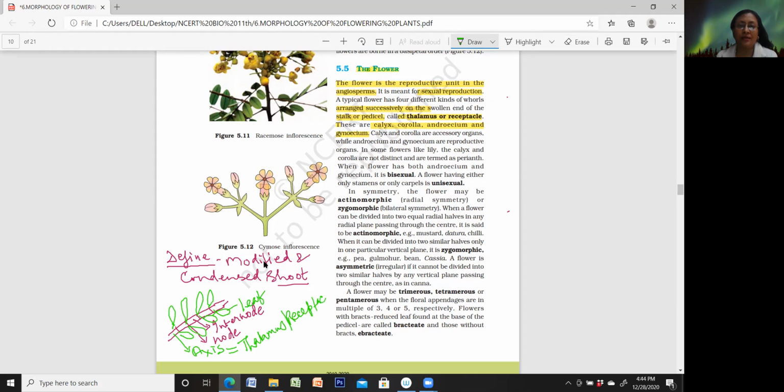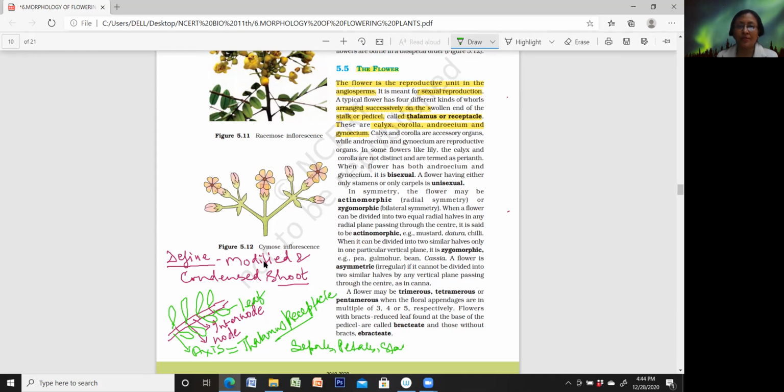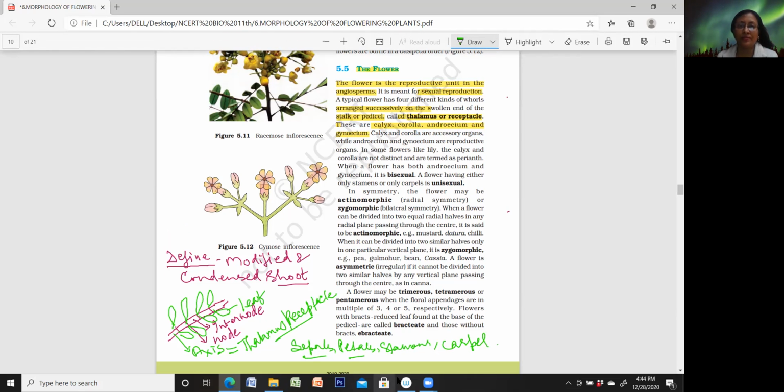So the flower has a thalamus or receptacle, which is nothing but the axis of the shoot, and all these parts, namely calyx, which is sepals, the parts of the flowers you must be knowing, sepals, petals. What is androecium? Stamens. And what is the gynoecium? That is carpel. Basically, calyx is the sepal, the corolla is the petal, the androecium the stamens, and the gynoecium the carpel.